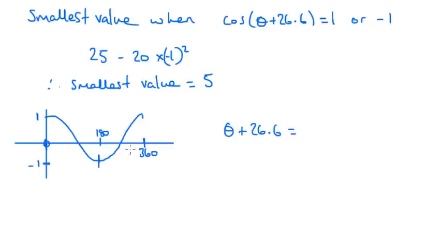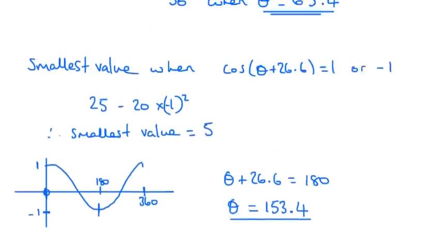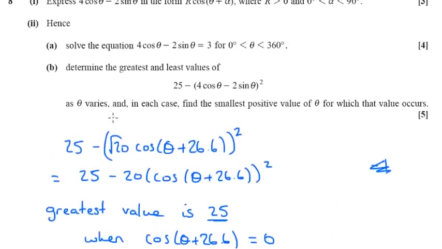That's no good to us. It's not when it's equal to 360, it's actually going to be when it's equal to 180. And if we take 26.6 off 180, we get 153.4. So that is actually going to be the first time this function hits its smallest value.